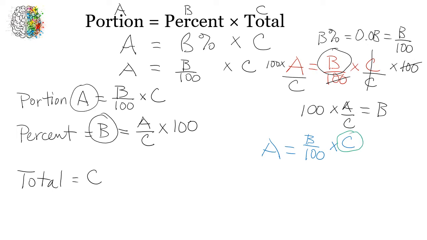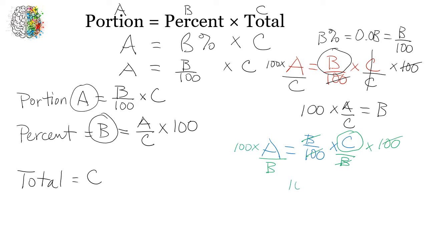So I need to divide both sides by the B, so these B's cancel out, and I need to multiply both sides by 100.